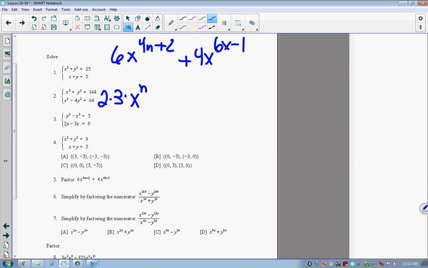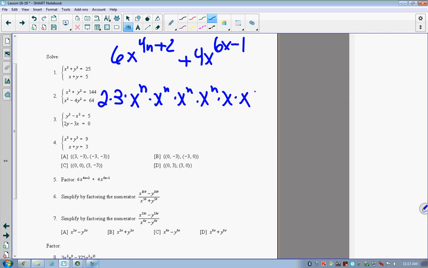So that's x to the n times x to the n times x to the n times x to the n, correct? Okay, that would give me 4 n's, right? And then times x would give me the plus 2. Does that make sense?